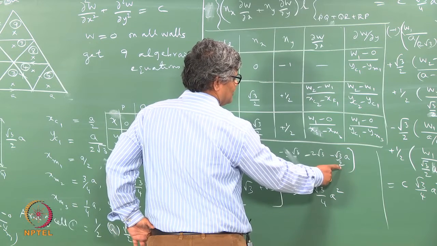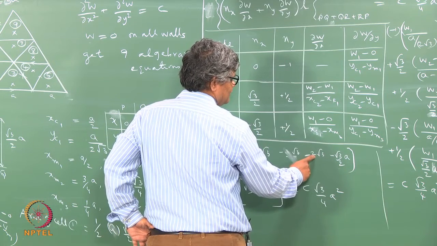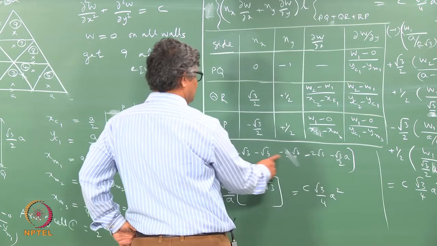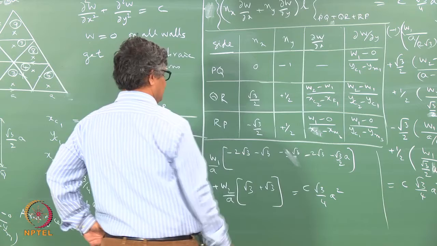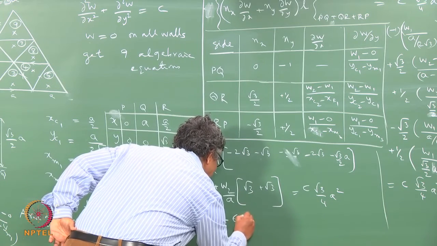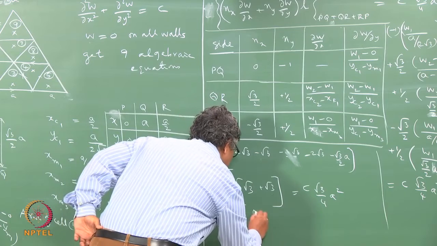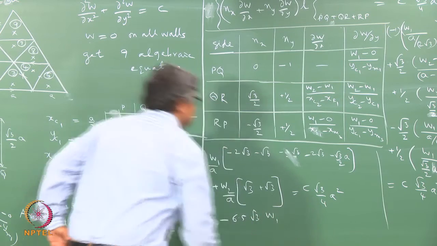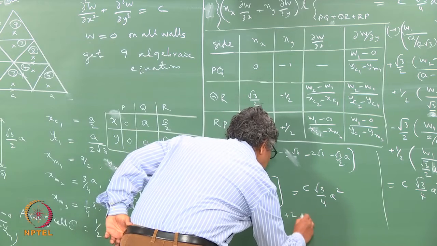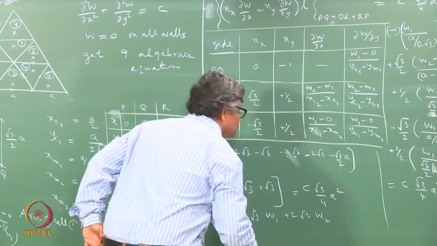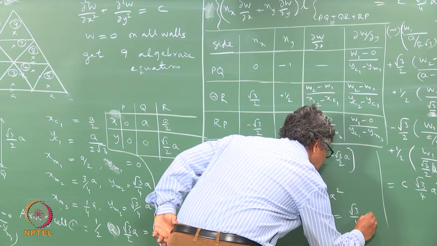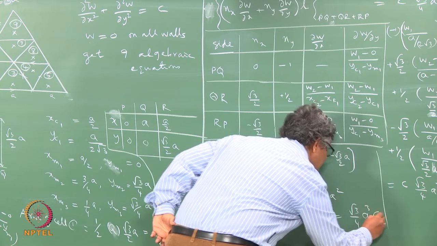So, okay, 2.5, 3.5, 4.5, 6.5. So I am getting minus 6.5 square root of 3 W1 plus 2 square root of 3 W2 equal to square root of 3 by 4 times a cube times c.